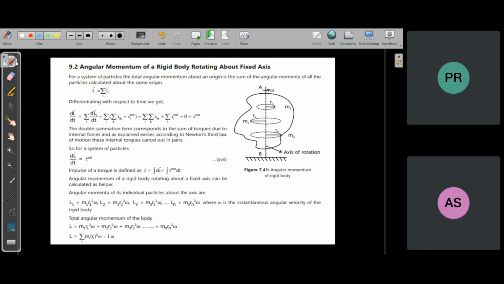So if you already define the angular momentum of a particle, in the same way you will find the angular momentum of the body. You will find the angular momentum of each particle and then add them all, and in this way you will get the total angular momentum of the body.